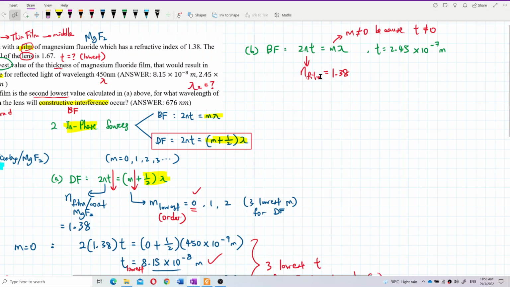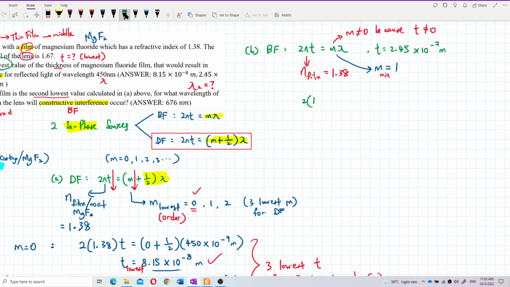That means there is no thin film, which is impossible. So M cannot be 0. For this one, M equals 1. That's the minimum order for bright fringe. So I just put M equal to 1, and I can find the answer.